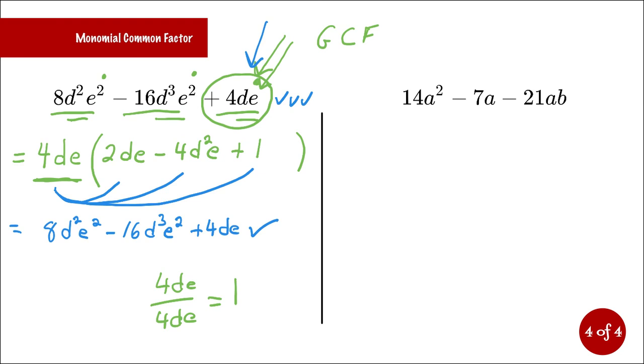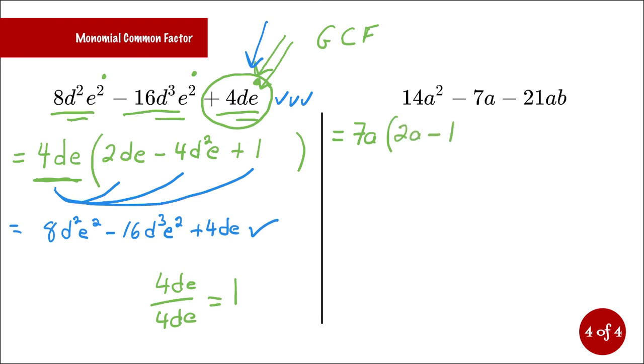I'm going to pause my voice for 3 seconds to give you a shot at trying the last example. Okay, looking at my last example, I'm hoping that you saw that 7 is the largest number and A is the largest variable. Dividing out, you're left with 2A.